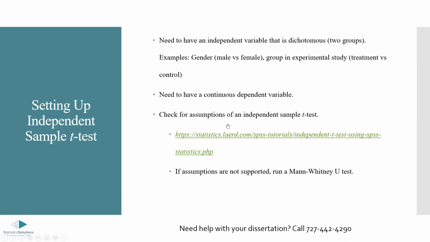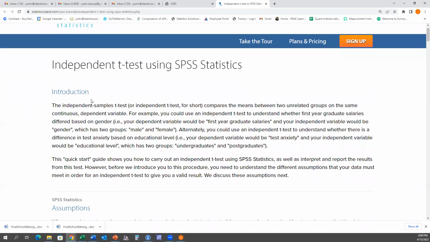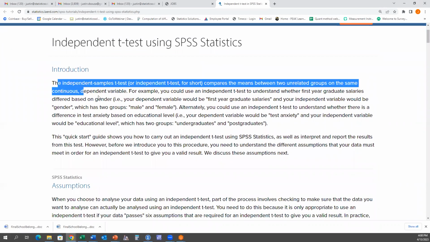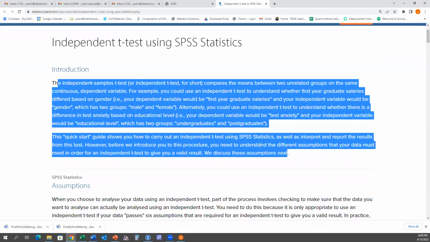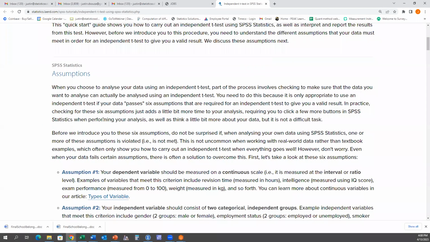And then you will want to check for the assumptions for the independent sample t-test. And I provided a hyperlink here to Statistics Laerd, which is a fairly common website I see being used today. So this is where it takes you. And Statistics Laerd kind of outlines the purpose of each test, how it needs to be set up, and then what the statistical assumptions are that you need to verify to run that test ideally.